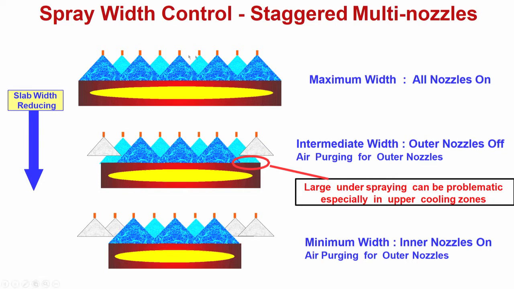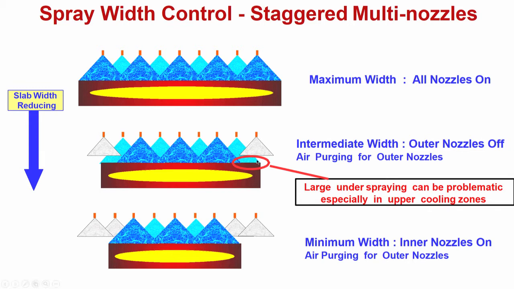So the amount of water is quite uniform here, but the two extremes we have stopped using, this one and this one, because we do not need them. In such a case, particularly in the upper cooling zones, there may be underspraying, that means we are not utilizing to the fullest extent. That may be a problem. The shell thickness is not increasing to the desired extent, and the possibility of bulging will be there.